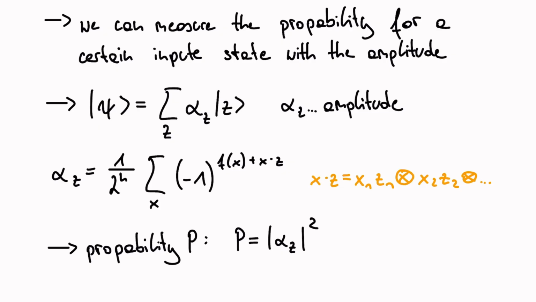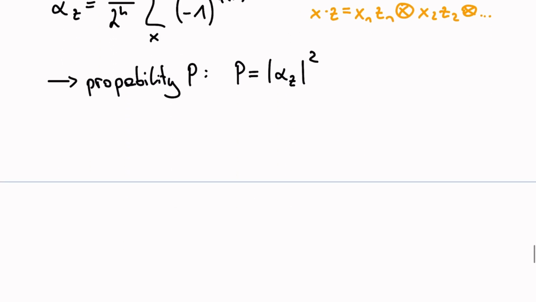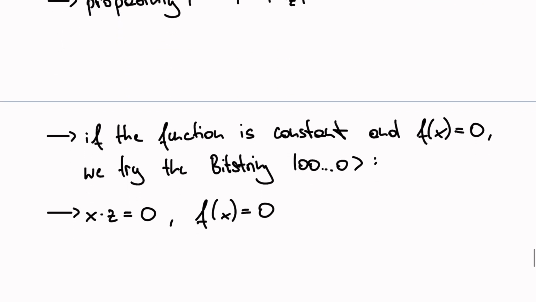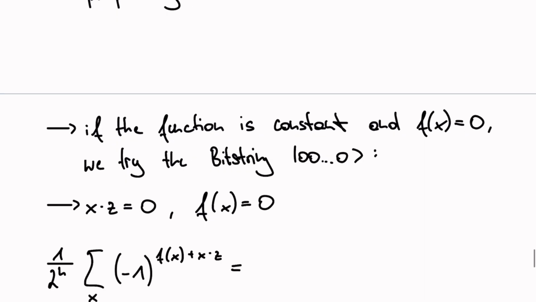Now let's look at a simple example. Suppose our function is constant and always returns 0. Then we try the bit string that is all zeros. So we have 0, 0, 0, and so on. And for this case, the special x times c operation always gives 0, and the function also gives 0. That means each term in the amplitude is just plus 1.